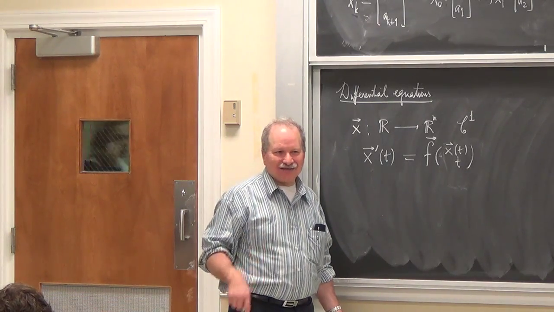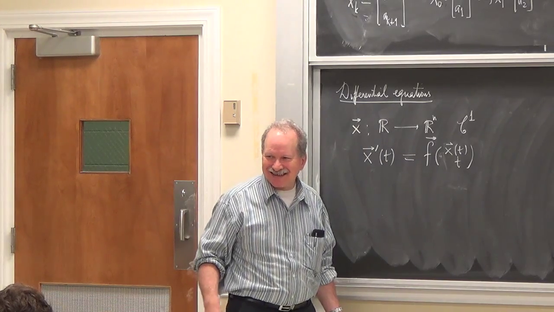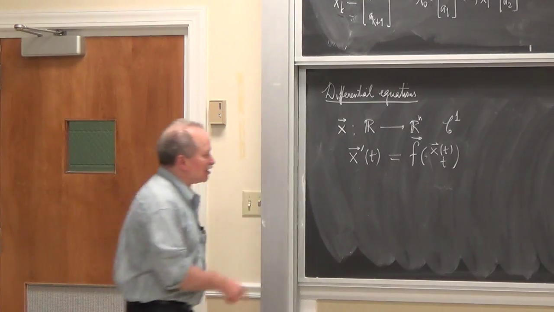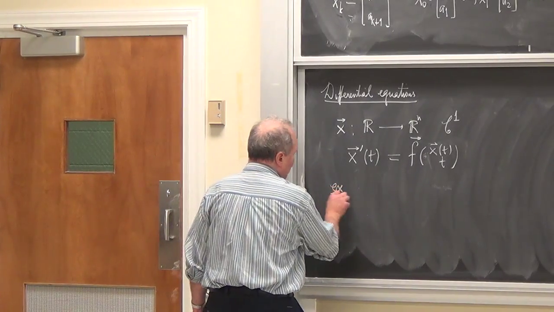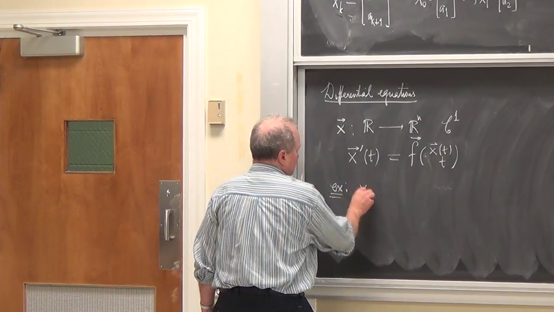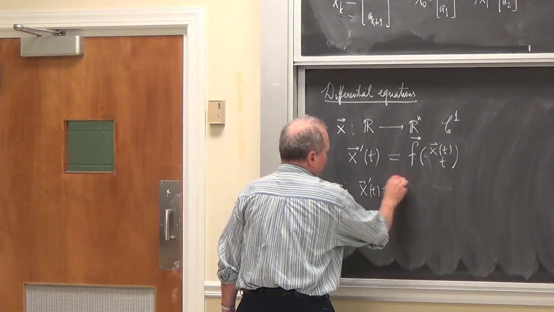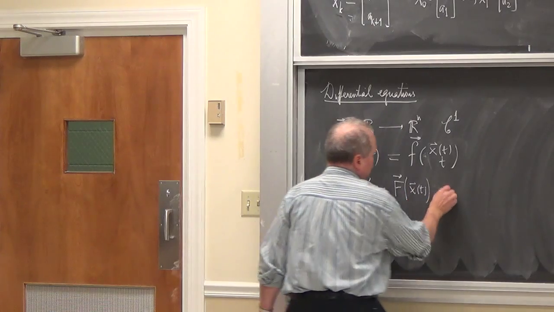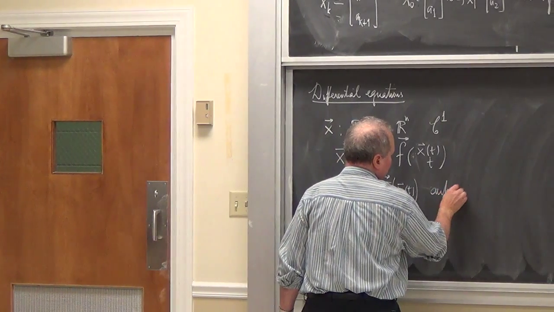More recently, flow lines. You're finding a solution curve of a differential equation. So the example was x prime of t equals a vector field at the point x of t. This is called autonomous because it doesn't depend on time.